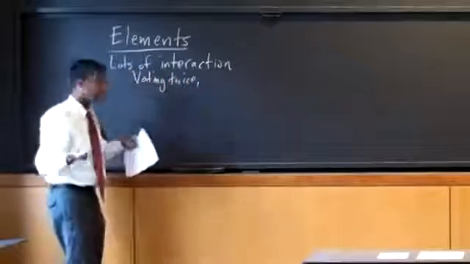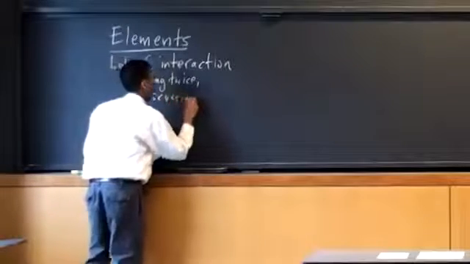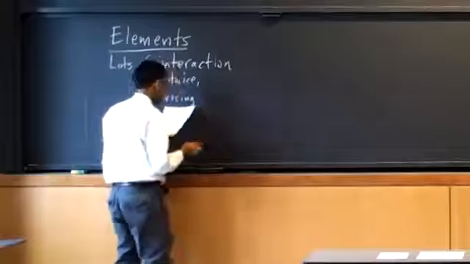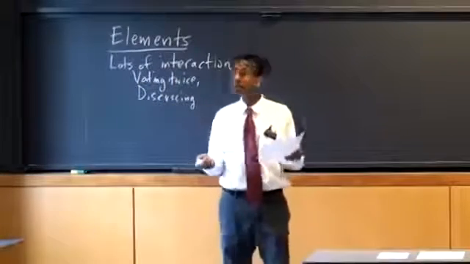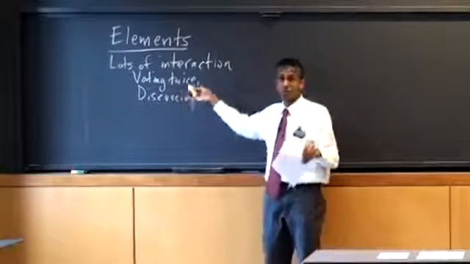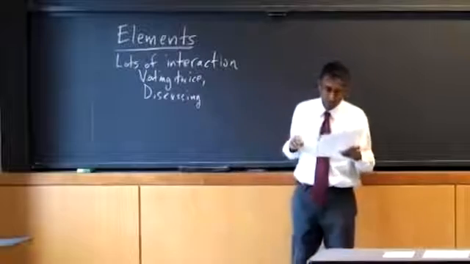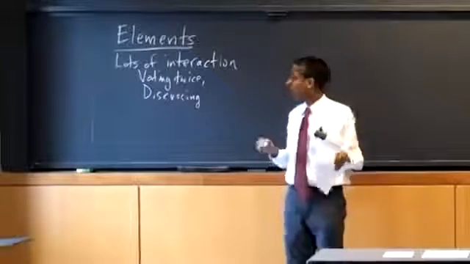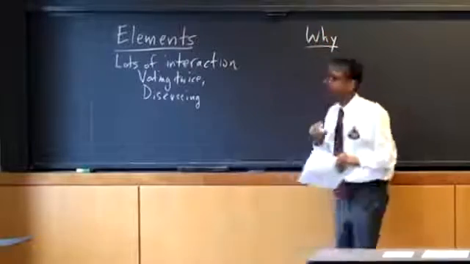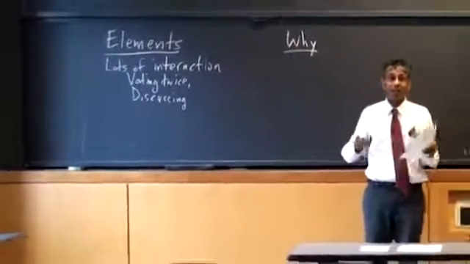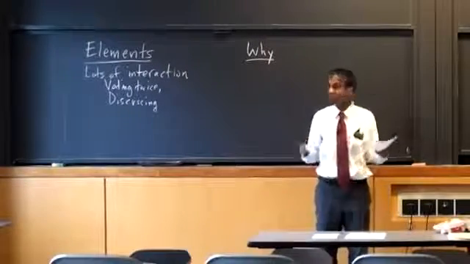So voting twice, discussing. What are the reasons for that? What are the educational principles behind designing a question that allows lots of interaction, voting, discussing? Well, first of all, the why: it gives the teacher, it gives me an idea of how the class is thinking.